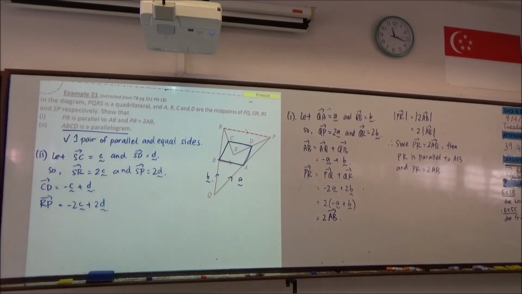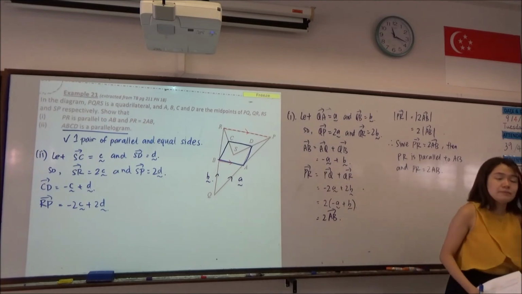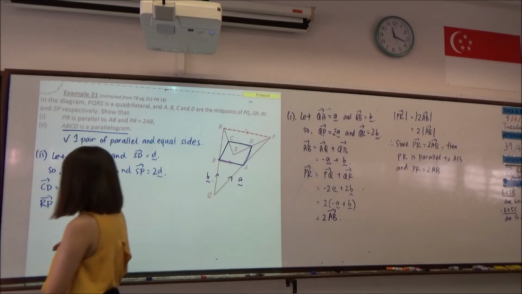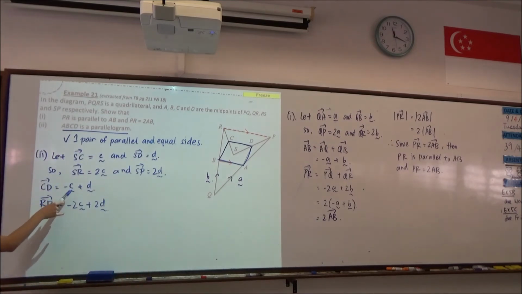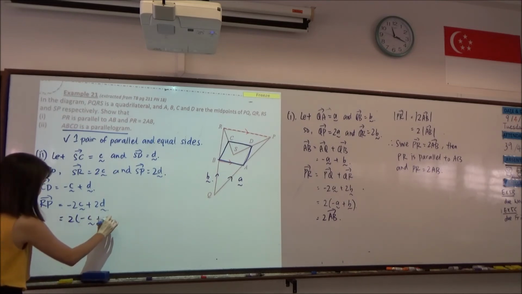I'll just skip writing down the two vectors that we're trying to add. If you are fast enough, you should be able to catch it by now. If you are not fast enough, it's okay. So this is negative of SC plus SD, and this is negative of SR plus SP. RP can be expressed as 2 times CD.